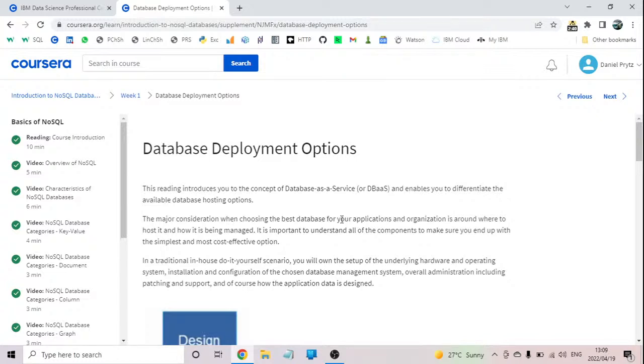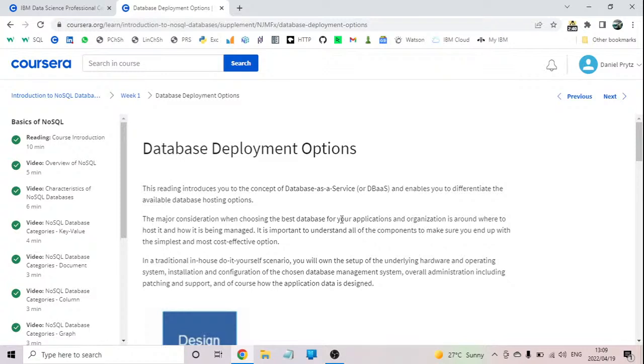This reading introduces the concept of database as a service, and enables you to differentiate between available database hosting options. A major consideration when choosing the best database for applications and organizations is where to host it and how it is being managed. It is important to understand all of the components to make sure you end up with the simplest and most cost-effective option.